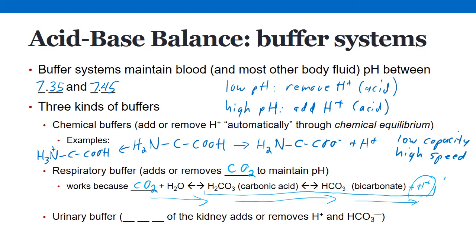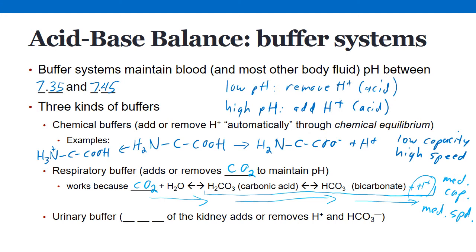This has a medium capacity because there's only so much you can do to control how much CO2 you can breathe in and breathe out. You do have to breathe out some amount of CO2 all the time. And it has a medium speed because all of the blood in your body travels through your lungs once every minute or so.